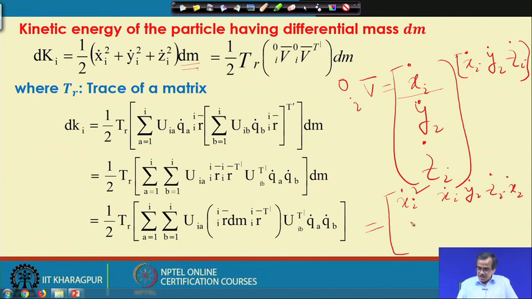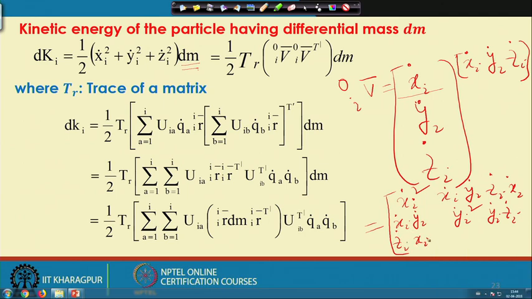Then second row: x_i dot y_i dot, then y_i dot square, then y_i dot z_i dot. Then z_i dot x_i dot, then y_i dot z_i dot, and then z_i dot square. So, this type of 3 cross 3 matrix we will be getting.